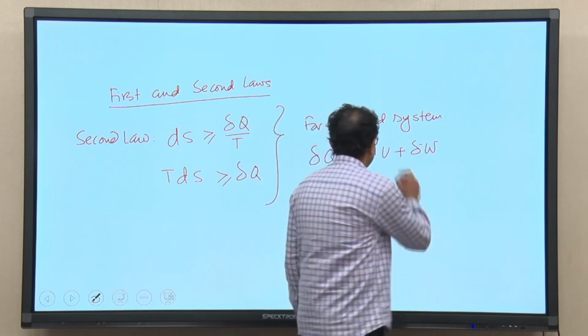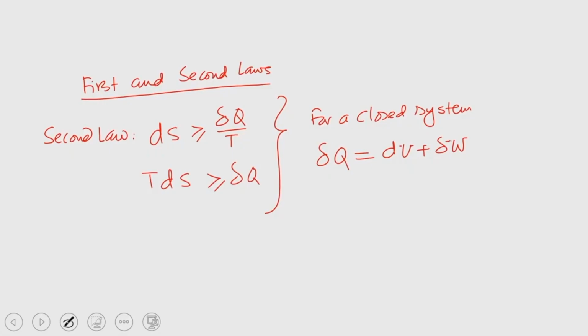If we now write this, then we are getting T dS greater than or equal to dU plus δW, right. So, this is basically the equation.